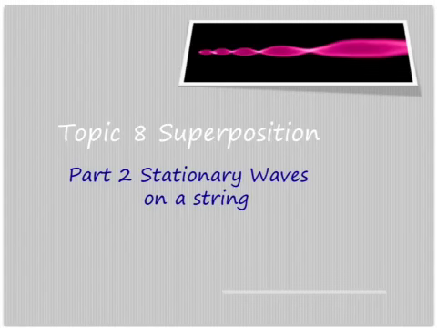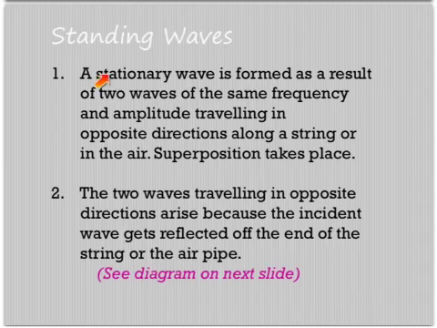Topic 8, Superposition. Part 2, Stationary waves or standing waves on the string. A stationary wave or a standing wave is formed as a result of two waves of the same frequency and same amplitude traveling in opposite directions along a string or in the air, and then superposition takes place.